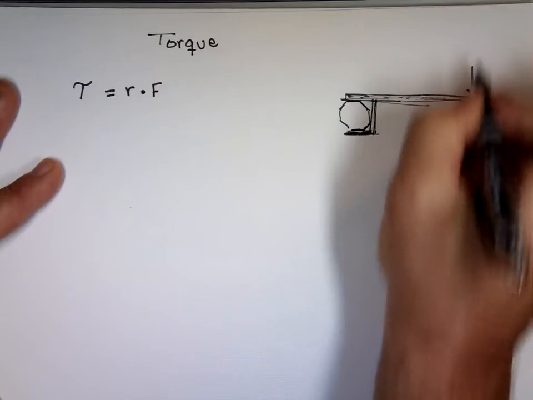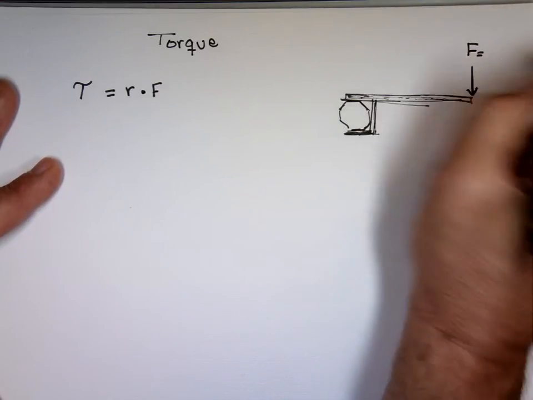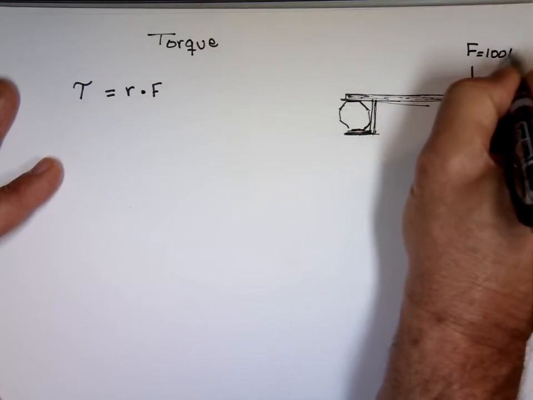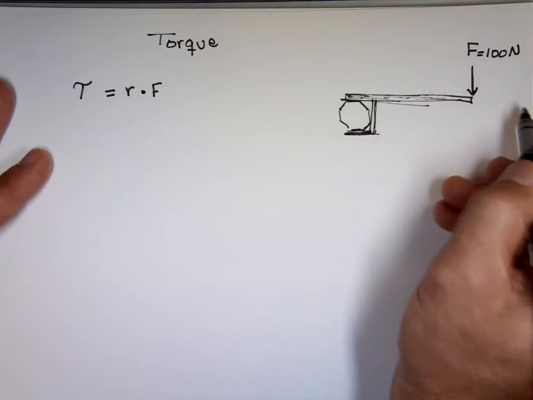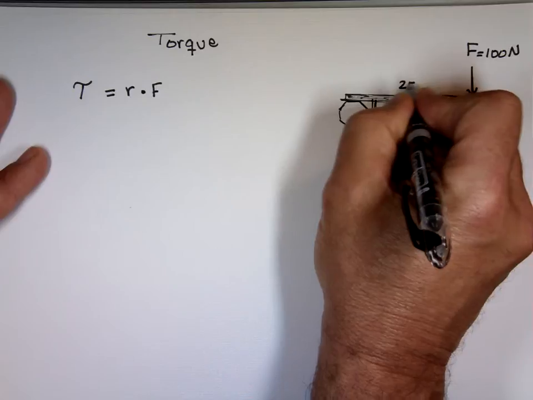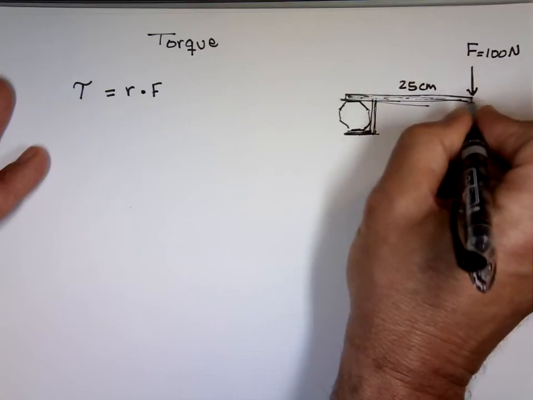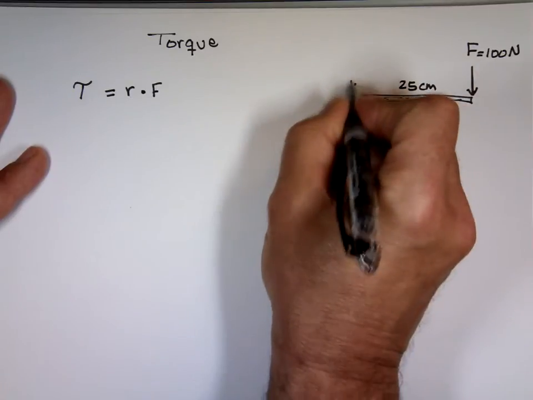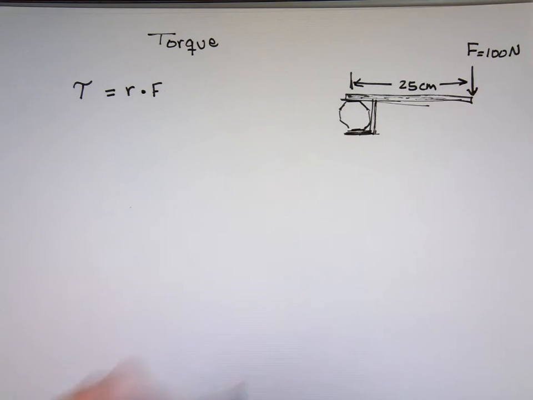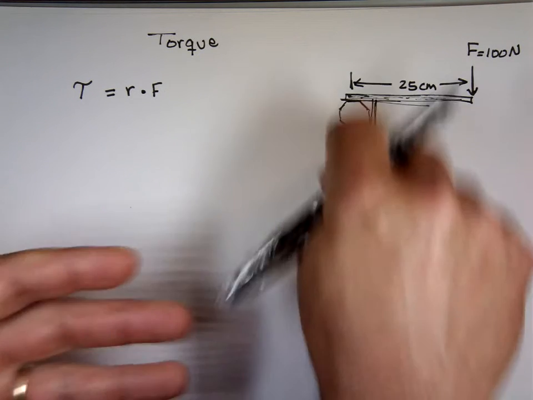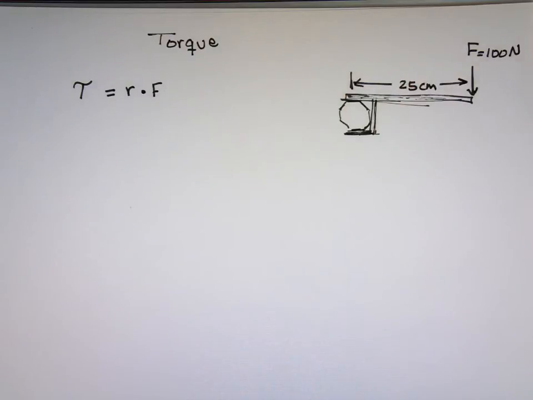You start pushing down with a force of 100 Newton. And let's say the wrench is 25 centimeters, the distance from center to center. That distance is 25 centimeters. How much torque are you creating trying to loosen that nut?